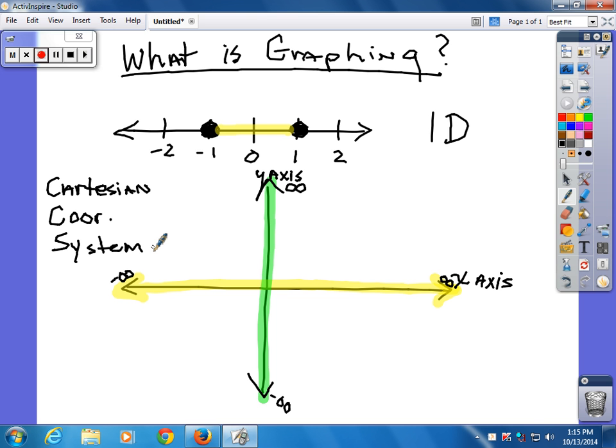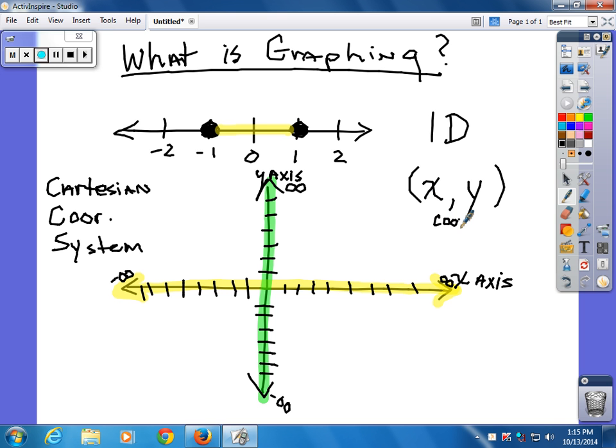Now, these values are your x values, negative x values, y values, and negative y values. Which way do we read? Left or right? So what comes first in the alphabet, x or y? X. Well, x comes first with your coordinates. This is called a coordinate. It's called an ordered pair.